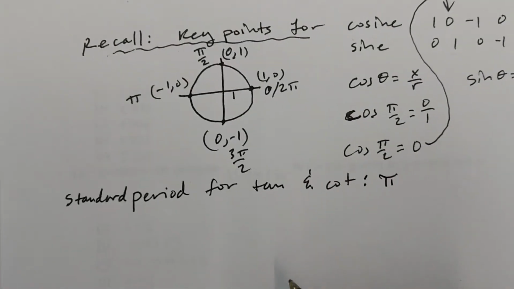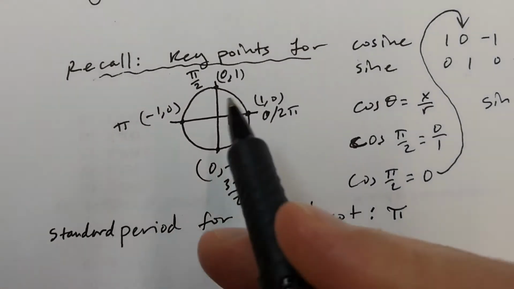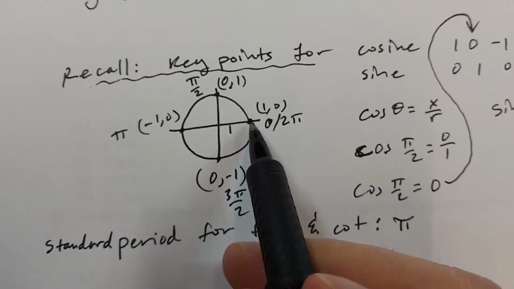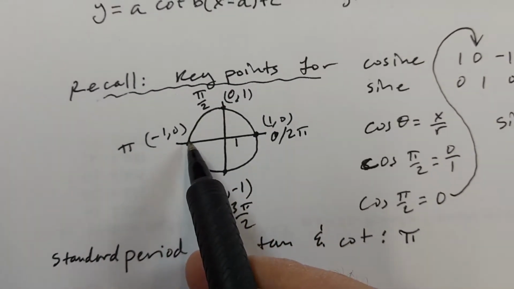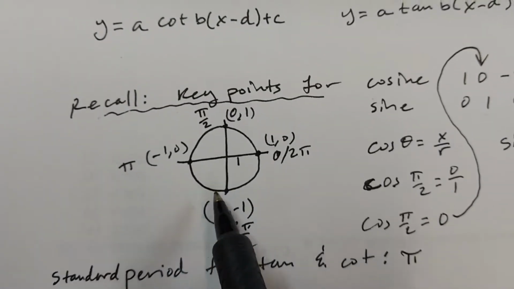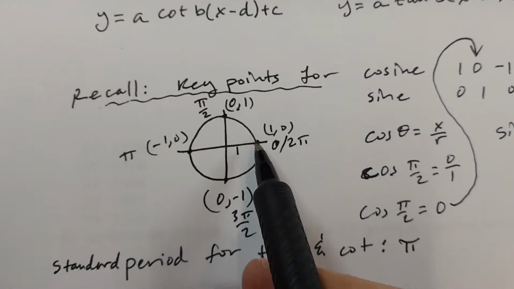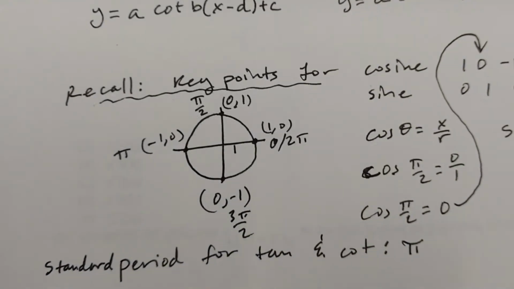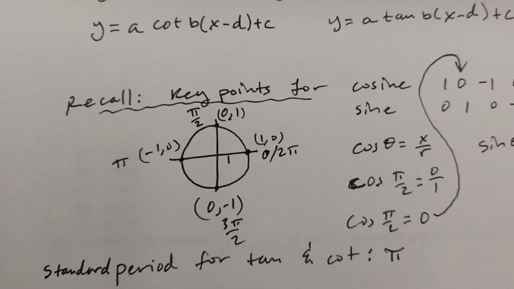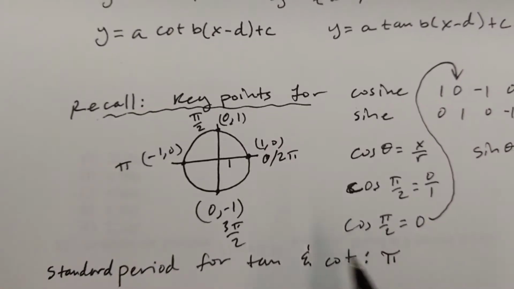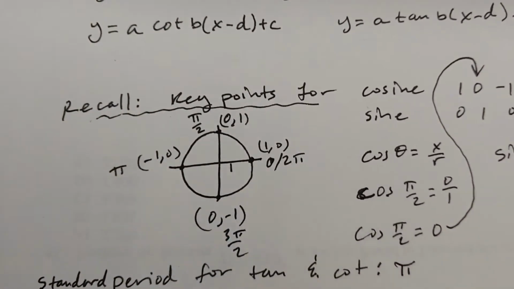So this means that the tangent and the cotangent go through a complete period from 0 to pi, and then they go through another from pi to 2 pi. So they make two full periods through one revolution of a circle.